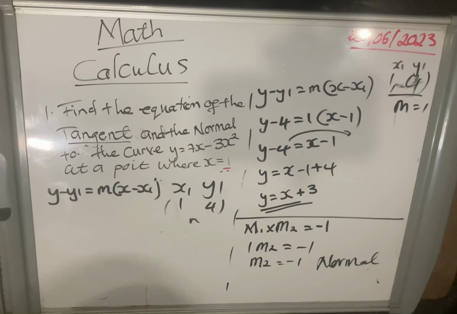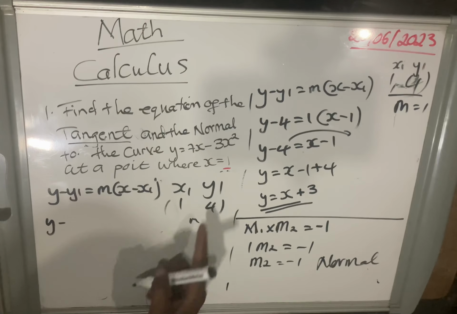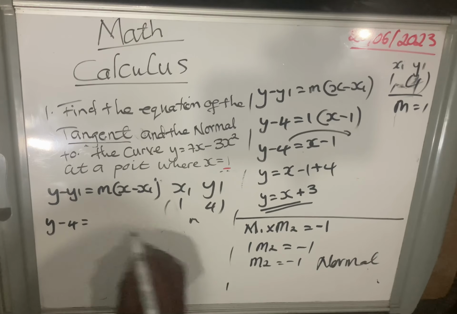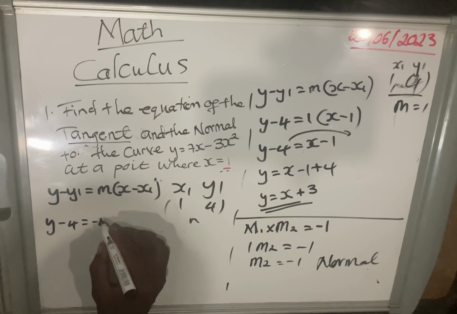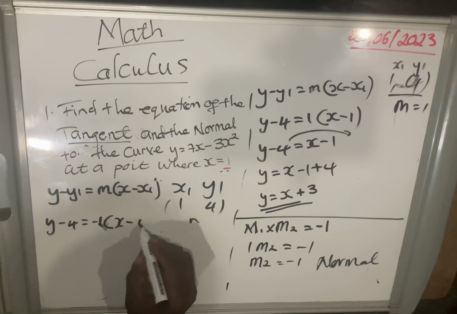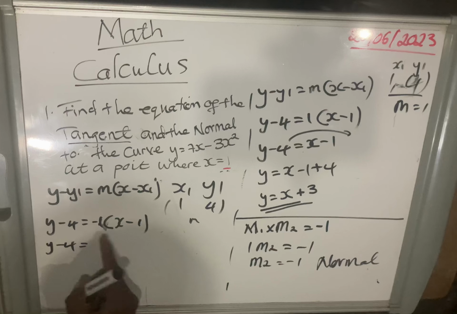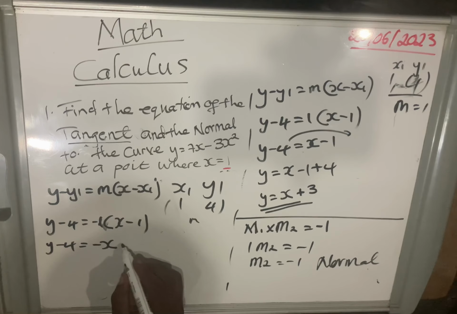So we have y minus y1, which is 4, equals gradient, which we have found is negative 1, open bracket, x minus x1, which is 1. So y minus 4 equals negative 1 times x, giving us negative x, negative 1 times negative 1, giving us positive 1.